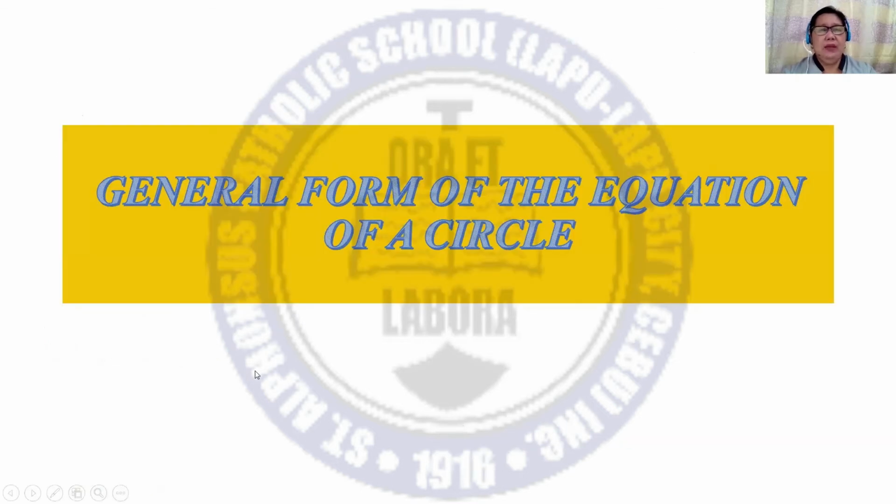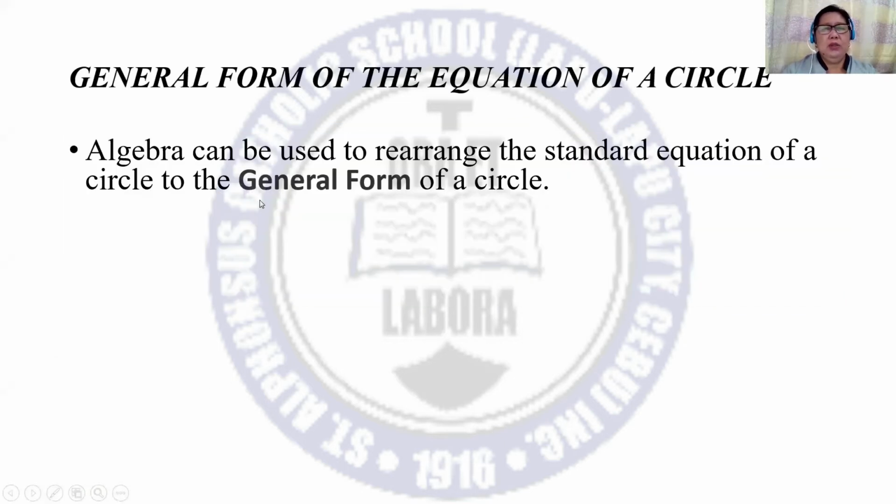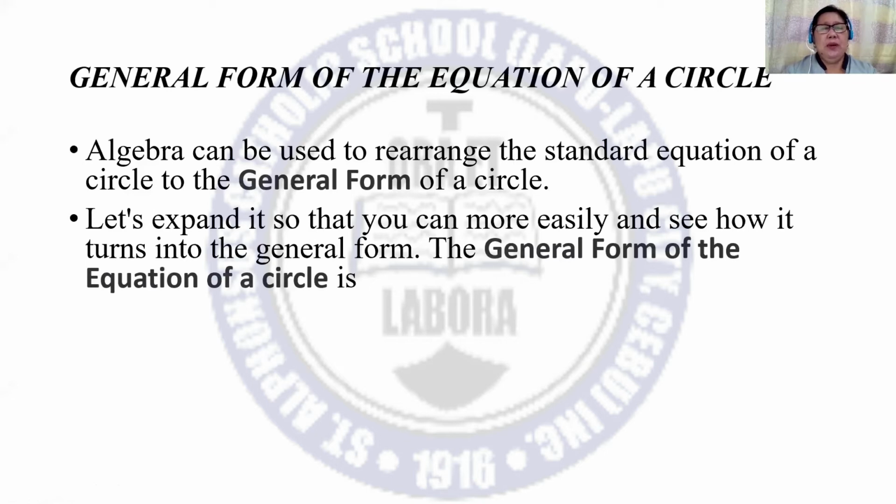Let us have now the general form of the equation of a circle. Algebra can be used to rearrange the standard equation of a circle to the general form of a circle. Let's expand it so that you can use it more easily and see how it turns into the general form.